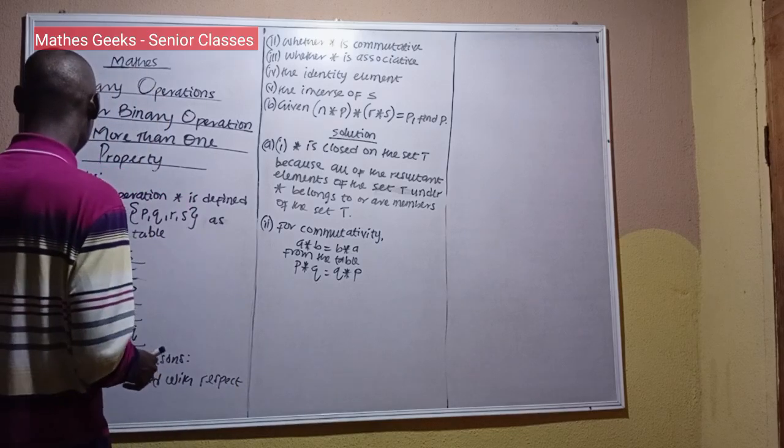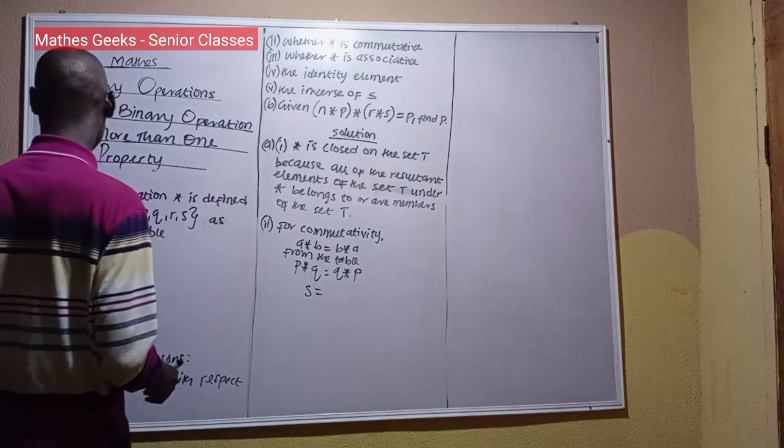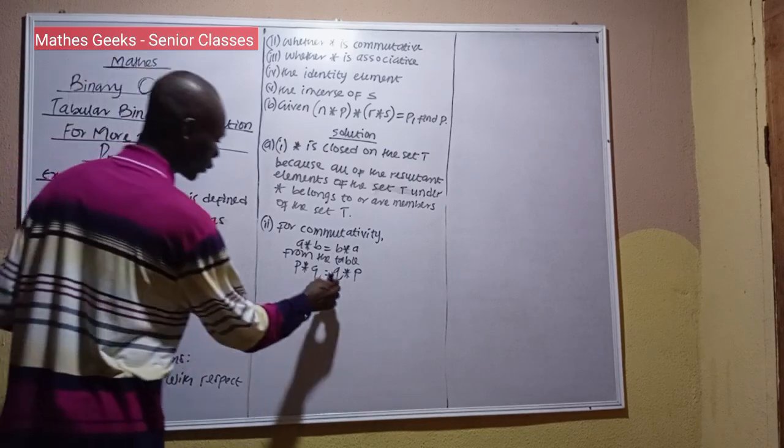P star Q is S. What is Q star P? Q star P is equal to S.